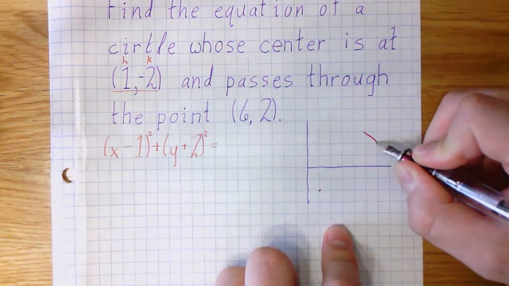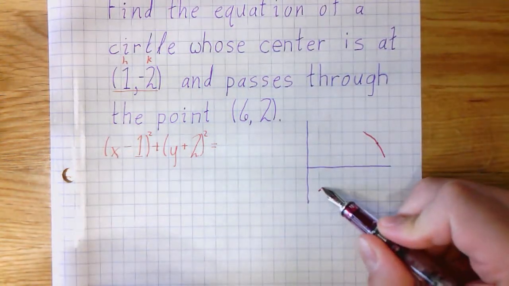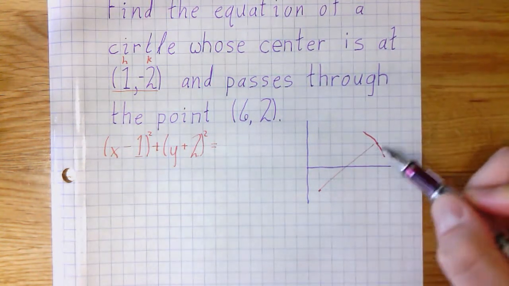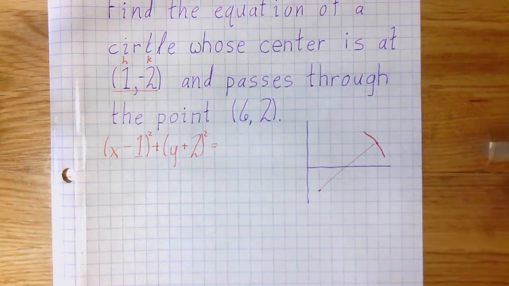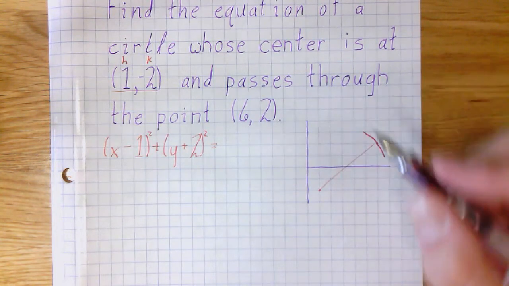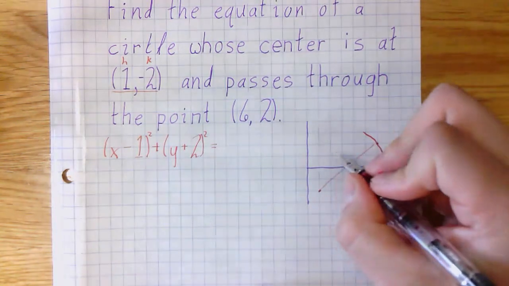So we want to know, what is that distance right there? The definition of a circle is everything's the same distance from the middle. So if you know any point on the edge, the distance from that point to the middle, that's your radius.